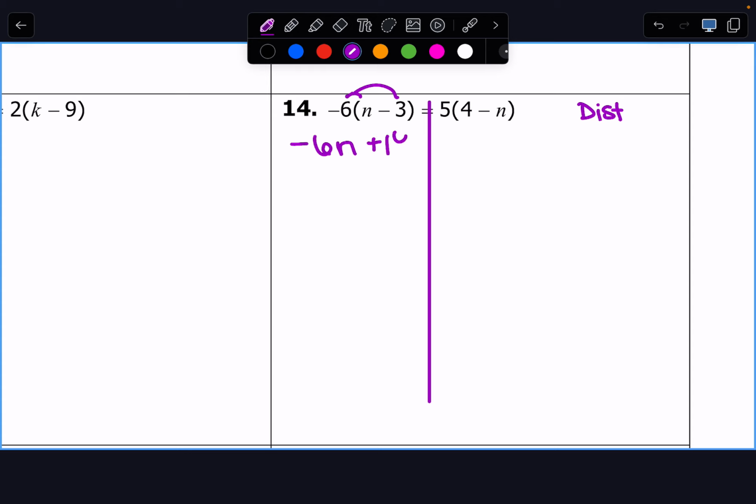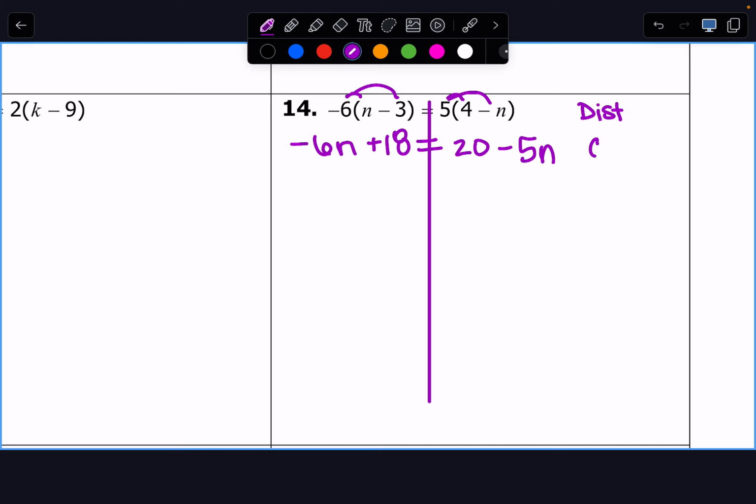It is a plus 18, okay? If we take negative 6 times essentially this negative 3, this becomes a positive 18, okay? Over here, 5 times 4 gives us 20, and then 5 times minus n would give us minus 5n, okay?